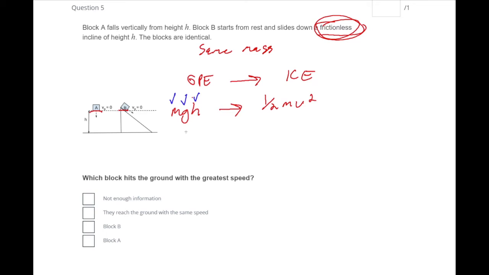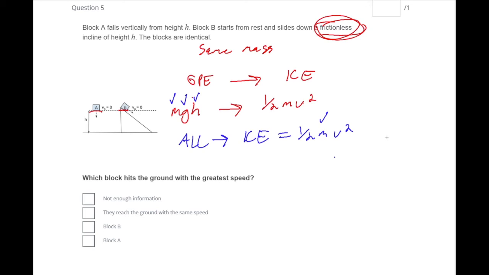So they're all going to start with the same gravitational potential energy, which means that all of this energy is going to be transferred into kinetic. Kinetic is 1/2 mv squared, and these blocks both have the same mass, which therefore means that these blocks have to have the same velocity.